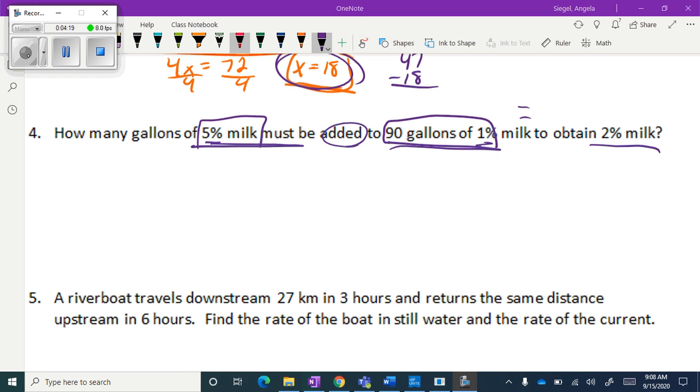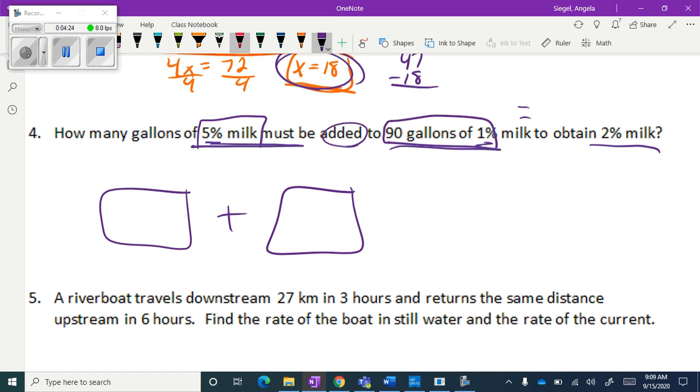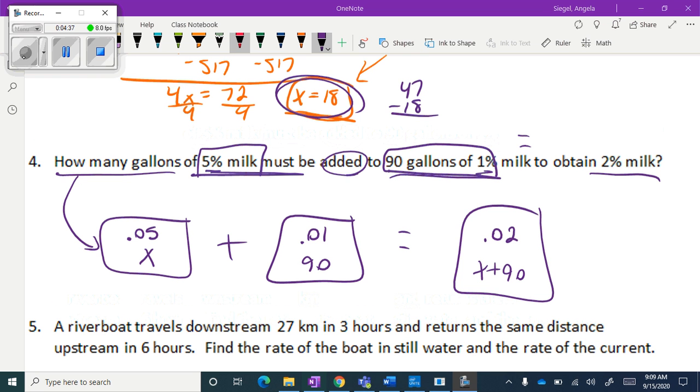So I want your mindset to be in the same place as before. So we're still going to have these two things that we're adding together and then set it equal to the final box. So 3 boxes, but 2 we're adding together. So see if you can make sense of it, and we'll go from there.